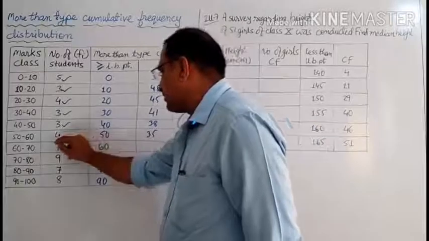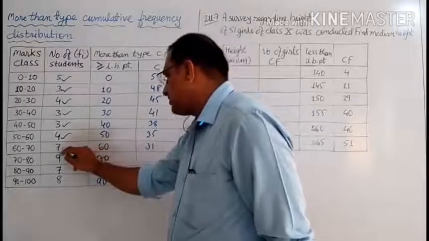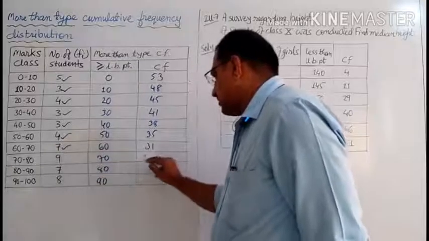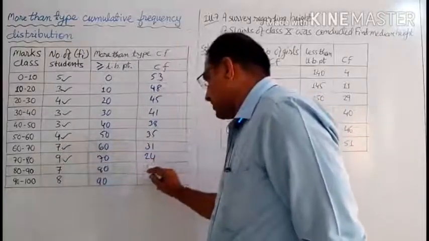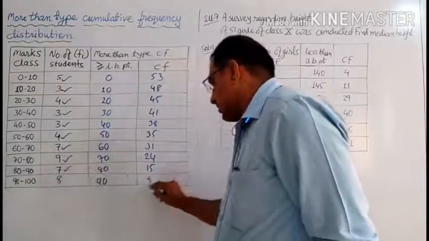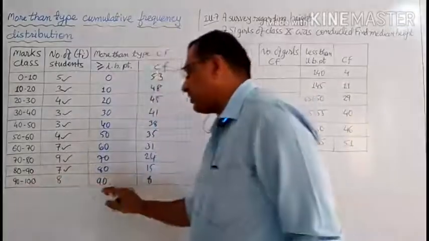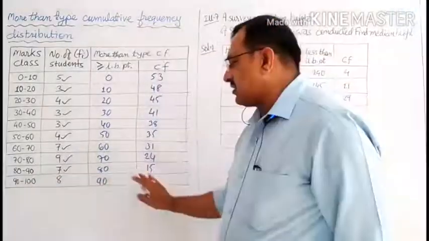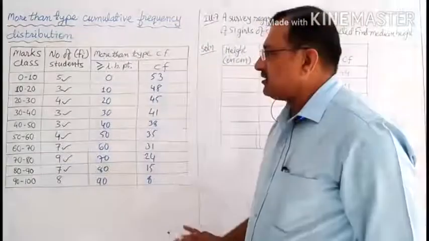Then 35 minus 4 you will get 31. 31 minus 7 you will get 24. 24 minus 9 you will get 15. 15 minus 7, you will get 8, and that is 8 students having scored marks 90 to 100, or we say 90 or greater than that. So this is the more than type cumulative frequency distribution.